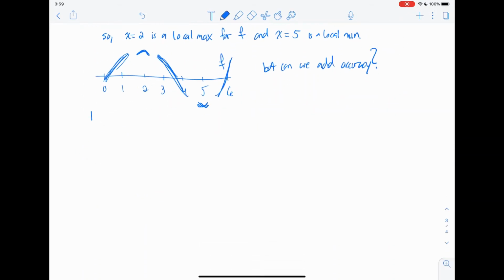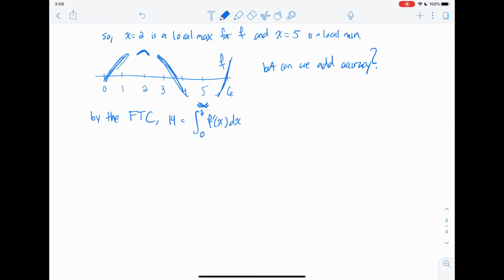So we're going to write that by the fundamental theorem of calculus, we know that 14 is equal to the area under the curve of f prime of x between 0 and 2.